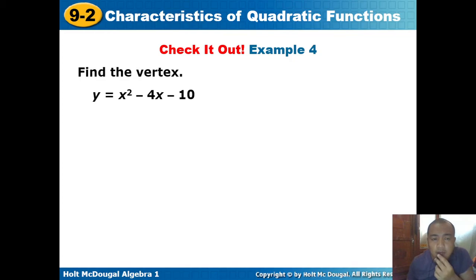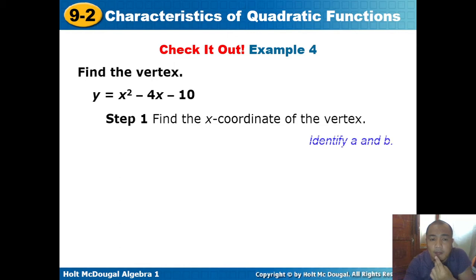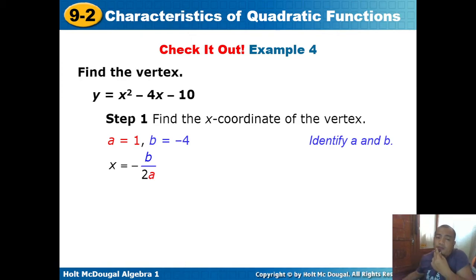How about this? Find the vertex. First step, we need to solve for h, the x-coordinate of the vertex, which is equal to negative b over 2a. So first, identify a and b. a is 1, b is negative 4.